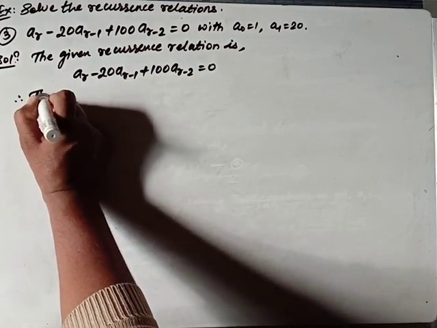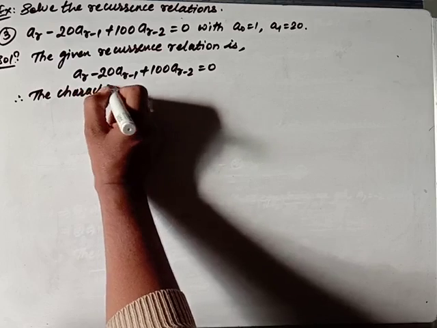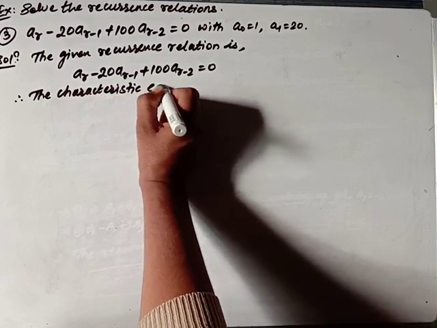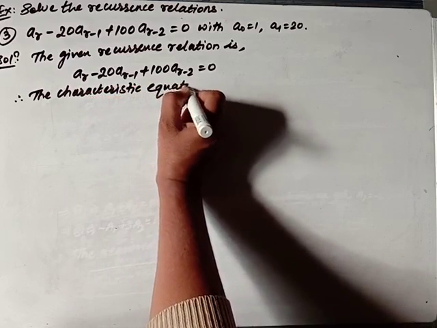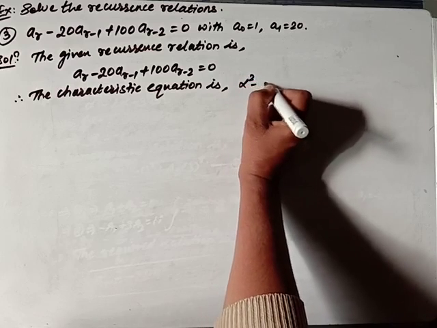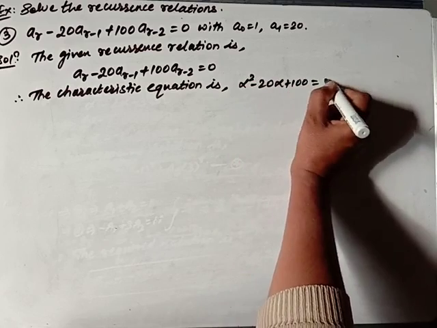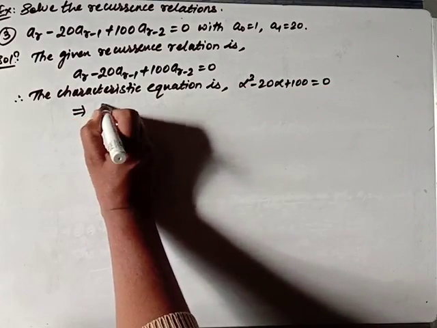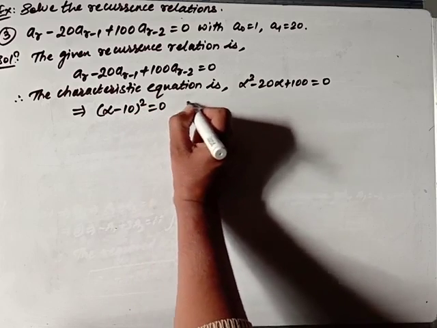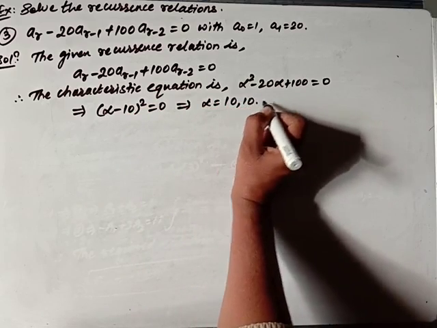Therefore, the characteristic equation is alpha squared minus 20 alpha plus 100 equals 0. That is (alpha minus 10) squared equals 0. That gives alpha equal to 10, 10.